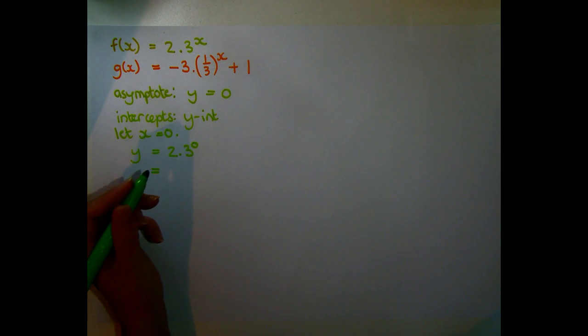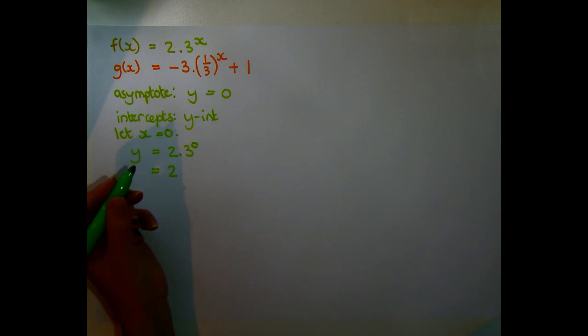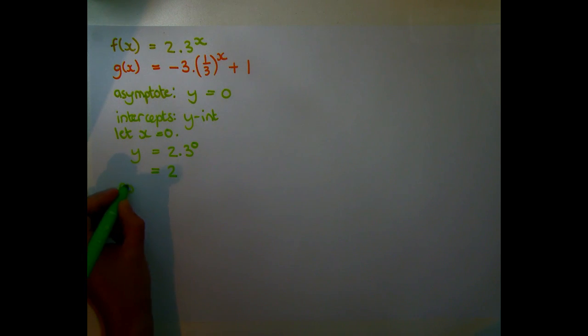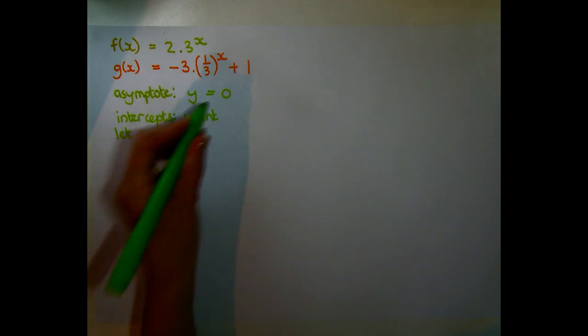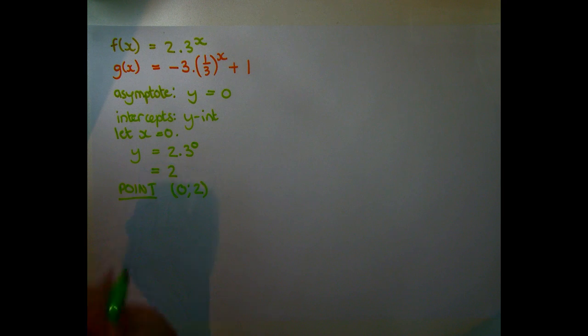You're going to get out 2, because that's 1. So I'm going to have 2. That point, which is important to write down, because it is an intercept, is the point where x is 0 and y is 2. So that is the y-intercept for the f of x graph.